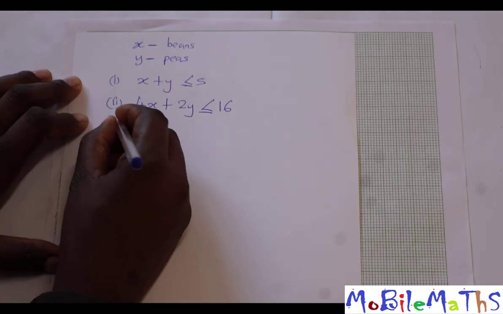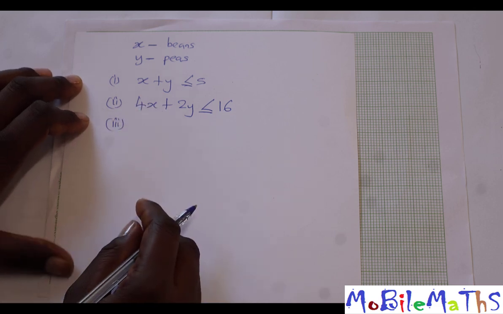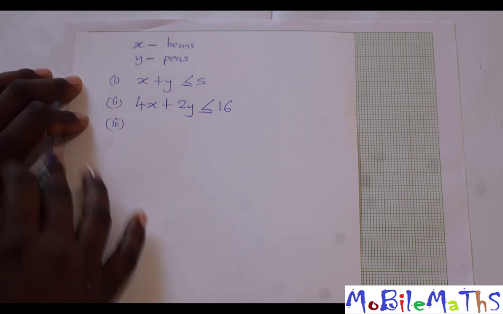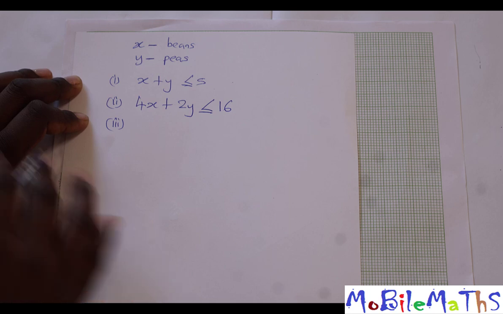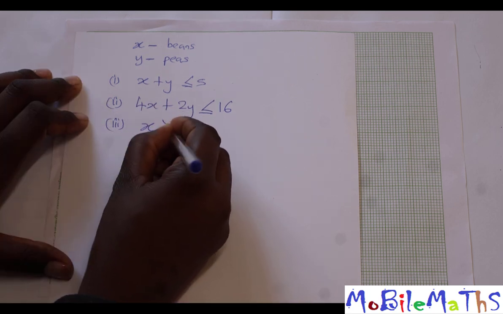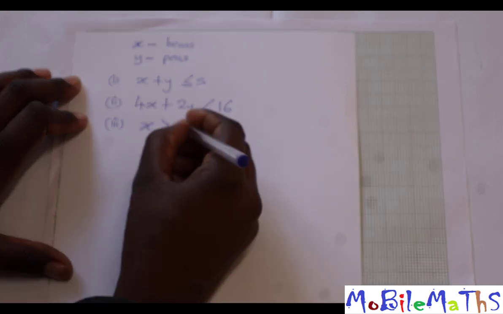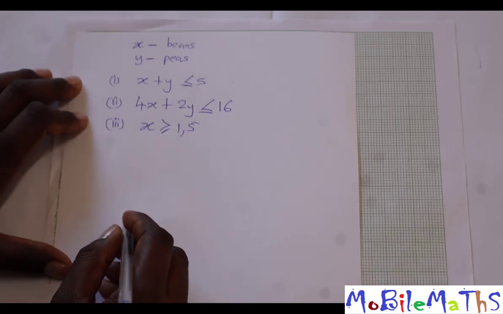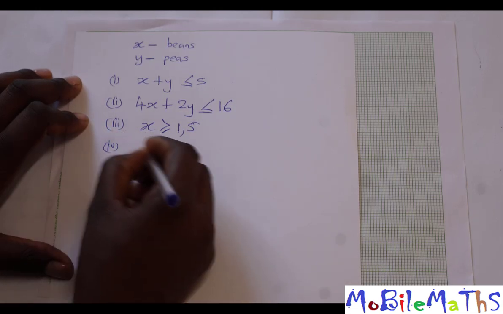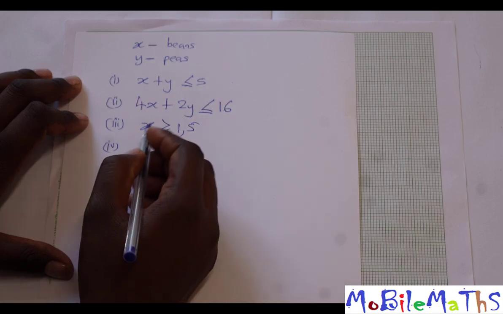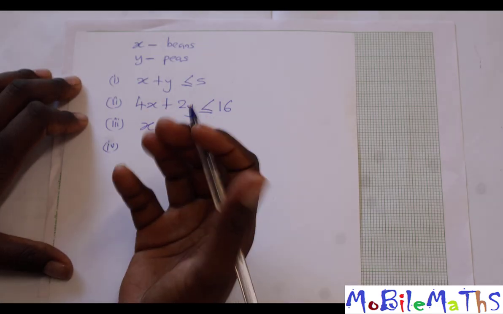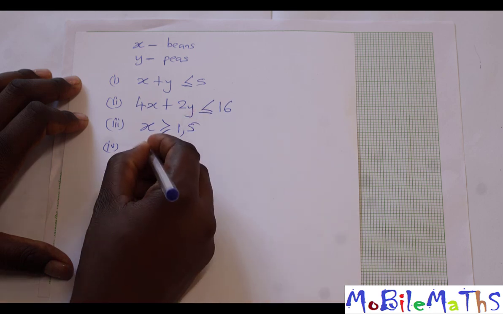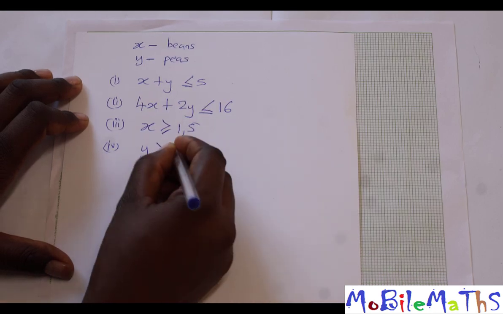Then we move on to the other conditions. They are saying he needs to plant at least 1.5 hectares of beans. So our x should be greater or equal to 1.5. Then for the last one, for peas, you need to at least have 1 hectare. So y should be greater or equal to 1 hectare.